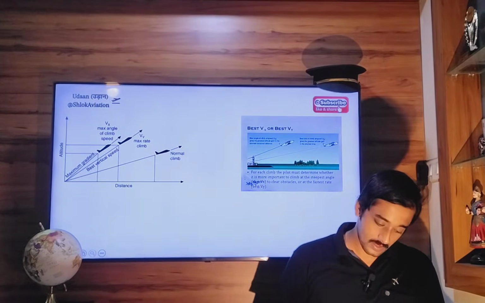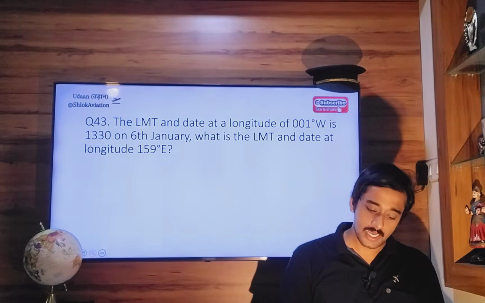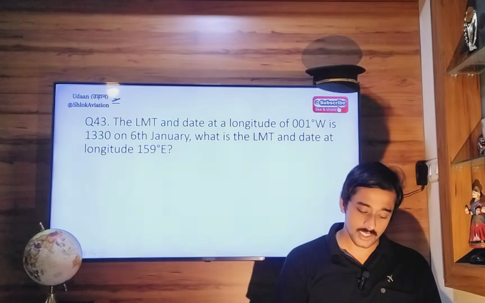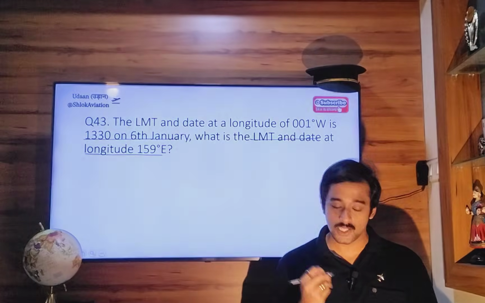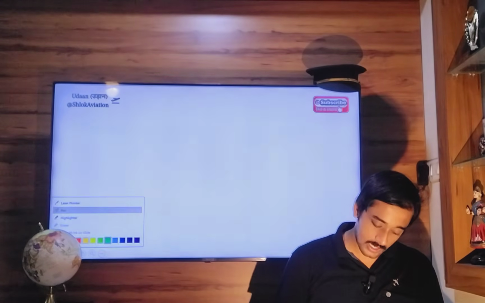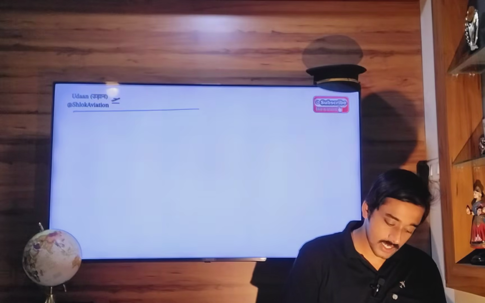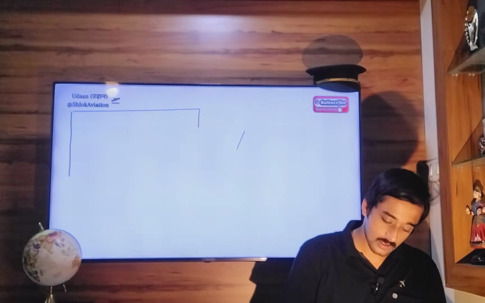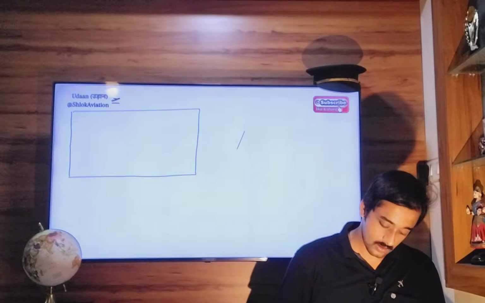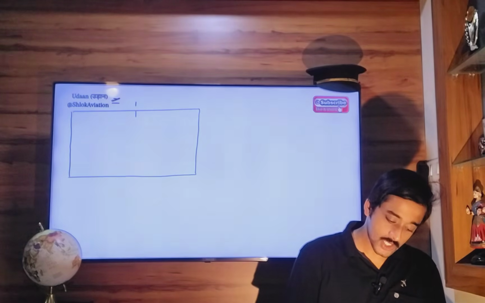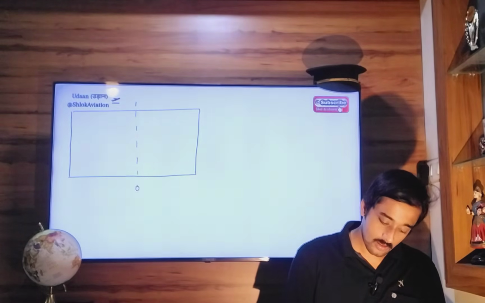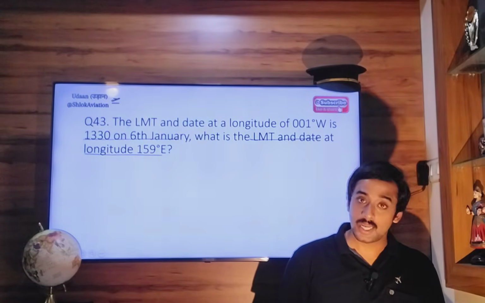Okay, next. The LMT and date at a longitude 1 degree west is so and so. What is the LMT and date at 159 degree east longitude? So let's say this is the horizontal representation of your Earth. This is your prime meridian. 1 degree west.